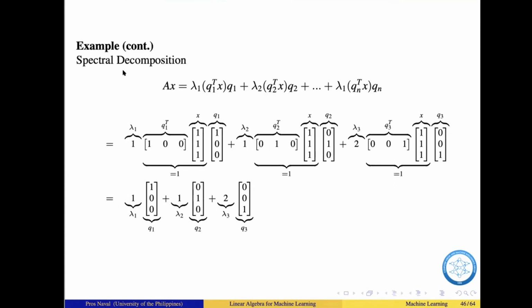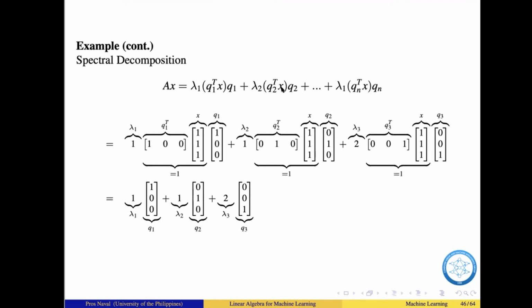Okay, so according to the spectral decomposition theorem, we have this expansion. Your lambda 1 is 1, lambda 2 is 1, and lambda 3 is 2. Now, Q1 transpose X gives us a value of 1 here.